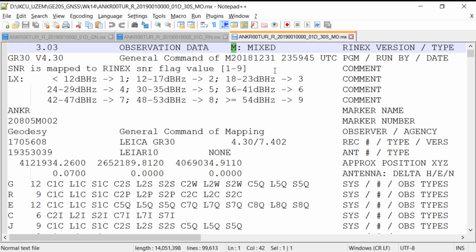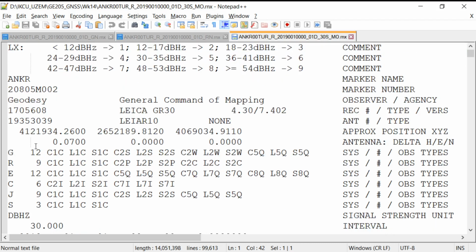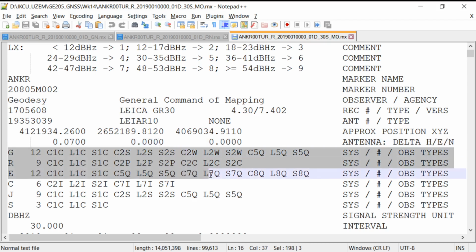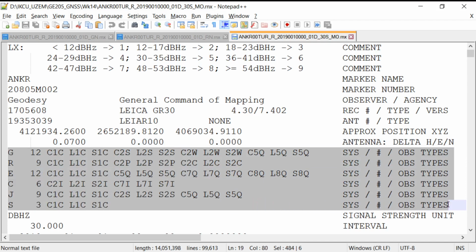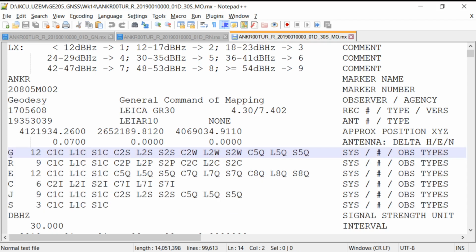We will see, for example, here in the system and number of observation types section, there are several systems. So G for GPS, R for GLONASS, E Galileo, C BeiDou, J QZSS, and S, these are the EGNOS system, the European Union's satellite-based system. This is also included.